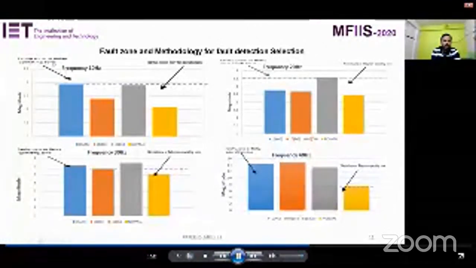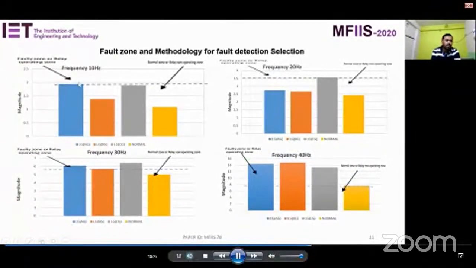Here the faulty zone or relay operating zone is shown by this arrow above this dotted line, and below it the normal zone or relay non-operating zone are shown here under the LG faults, AG, BG and CG, for the 3 phases A, B and C, as well as normal conditions.